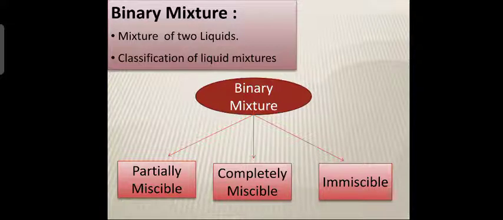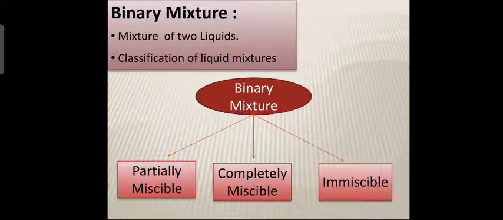Bi means two. Now how are they classified? Liquid mixtures, or in other words binary mixtures, are classified into three types: partially miscible, completely miscible and immiscible. Now what are partially miscible liquids? Partially miscible liquids are the ones which are soluble to a certain extent.